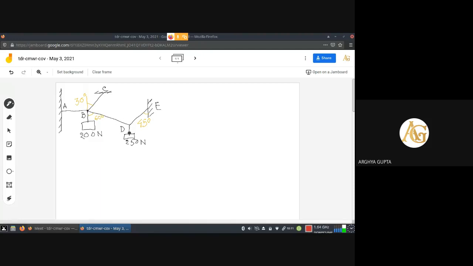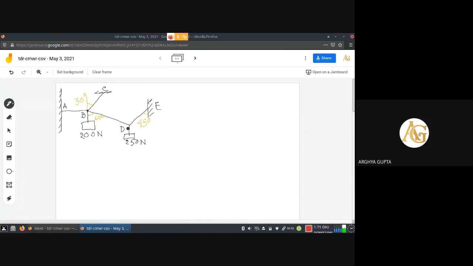So 3 forces act at point D. At point B, one is the weight, then the tension for BD, the tension for BC, and the tension for BA. So the number of forces acting at point B is 1, 2, 3, and 4, and at point D is 1, 2, and 3.